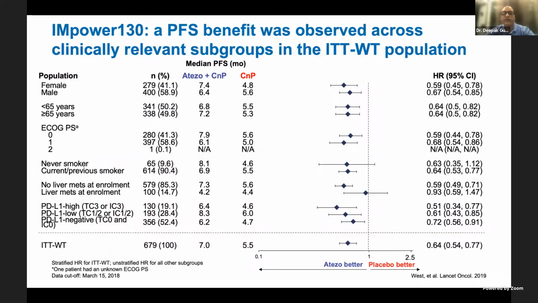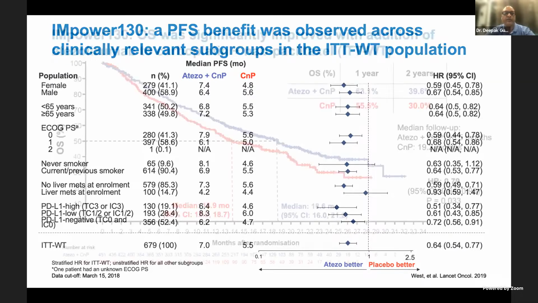And this PFS benefit was observed across all clinically relevant subgroups in the intent-to-treat wild type population. Age, gender, performance status, smoker or non-smoker, and PD-L1 high or negative, they all had benefit with atezolizumab.